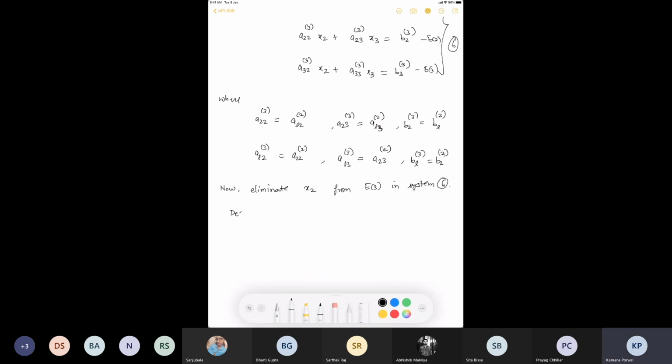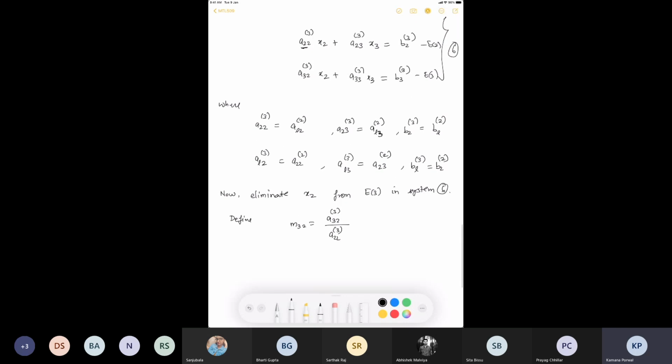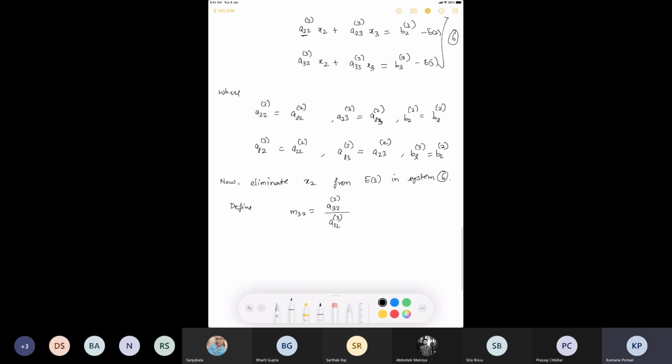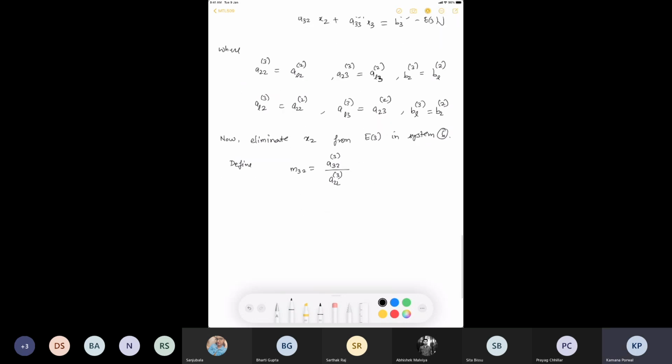For that, we introduce the multiplier M32, the ratio of A32(3) divided by A22(3). Note that now this coefficient is going to be non-zero. I'm not keeping that assumption; it is automatically non-zero because I'm taking the maximum of the coefficients in that column.